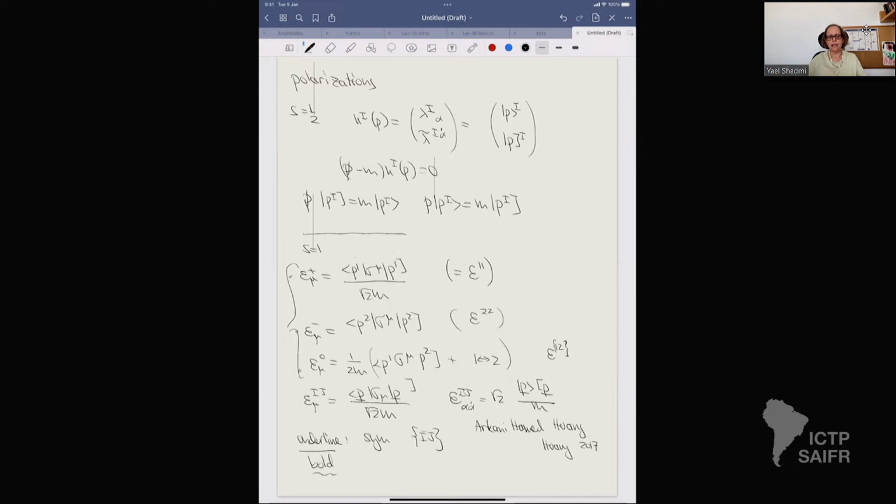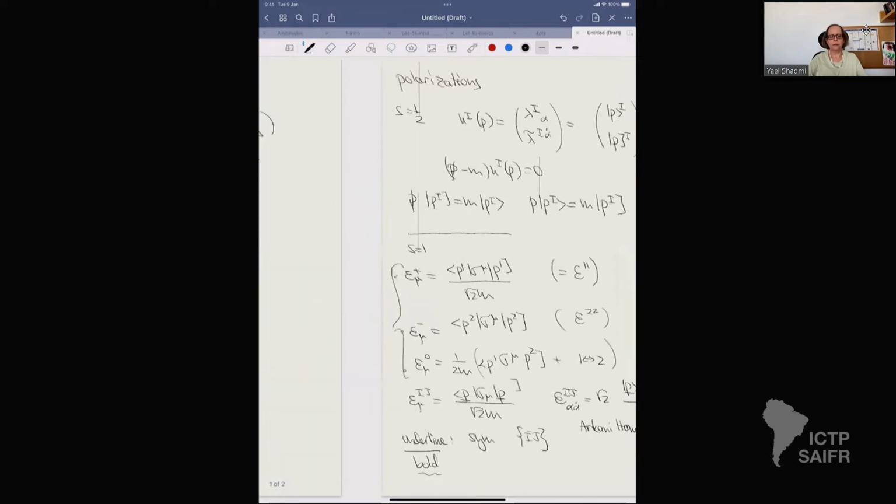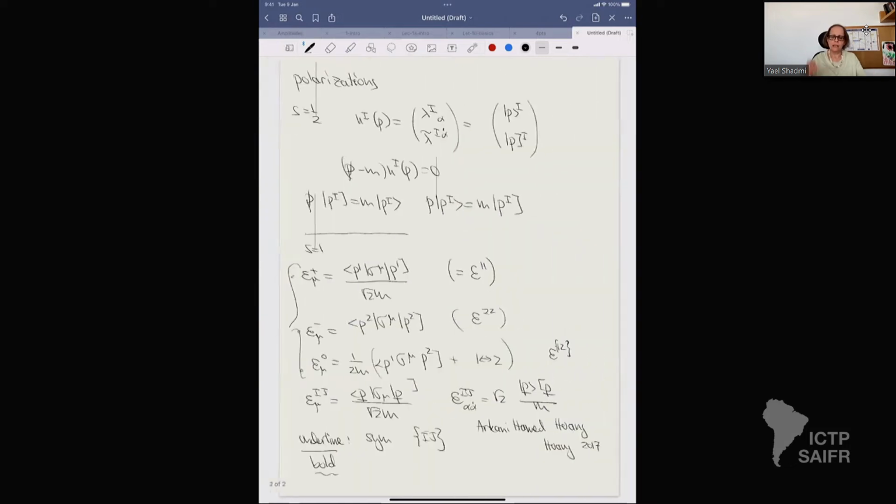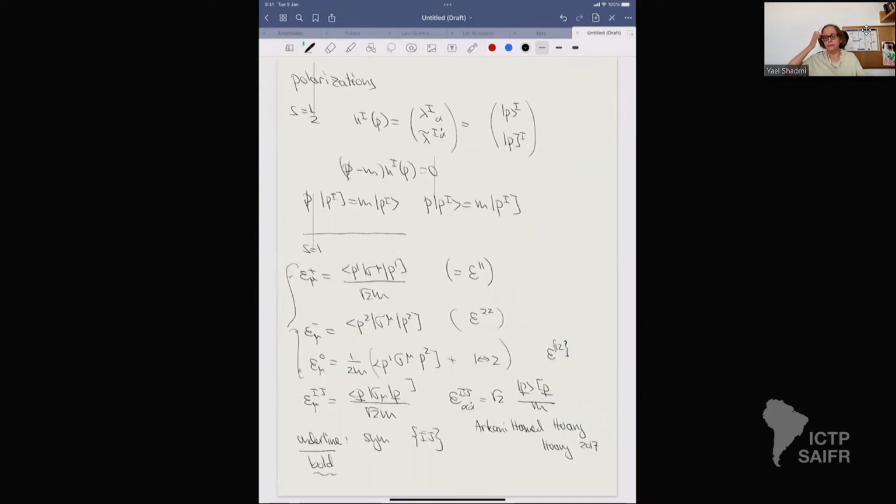You can plug in the expressions for the two parts of the momentum. You can write the momentum, split it up like this, and make sure that you get something that reduces to the thing that we wrote before.